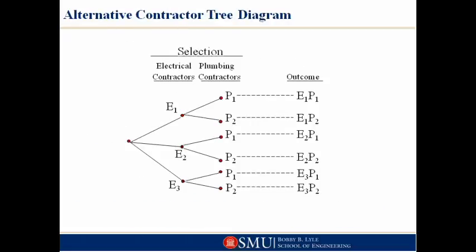Just as a quick note with the tree diagrams, it could have been flipped, right? The general contractor only cared that they had 1 electrician and 1 plumber. Didn't care whether the electrician was picked first and then the plumber, or the plumber and then the electrician. And again, we're assuming equally likely. So electrician 1 had the same likelihood of being picked as electrician number 2, electrician number 3.